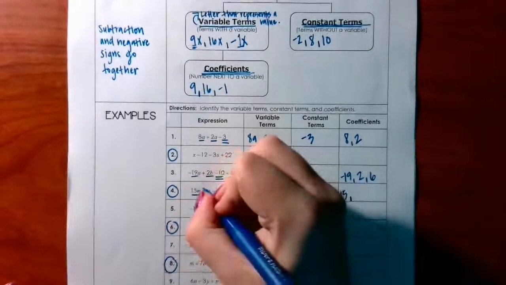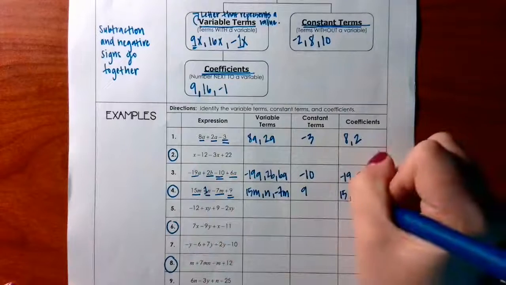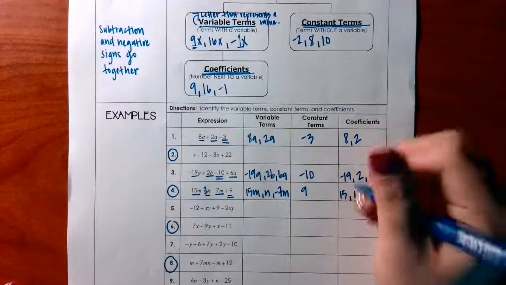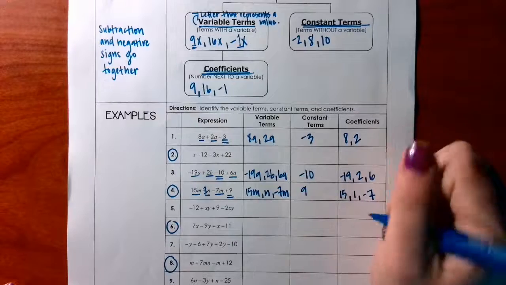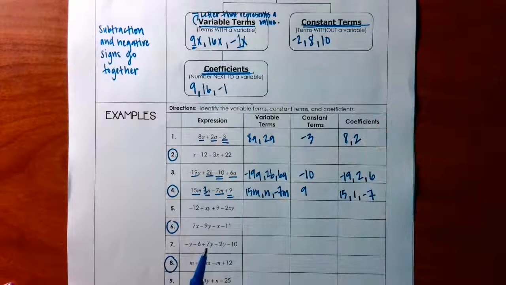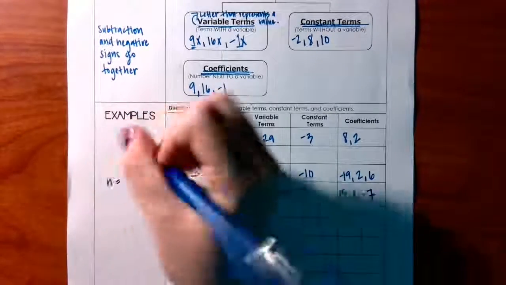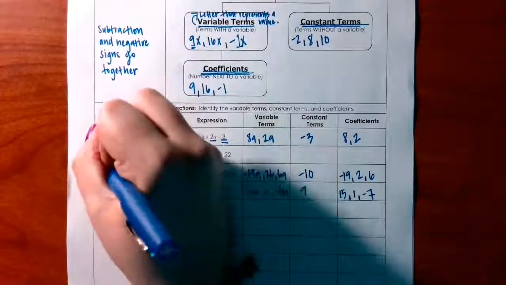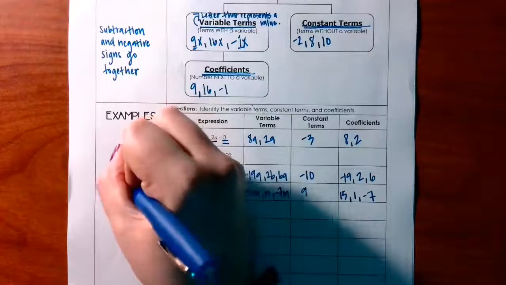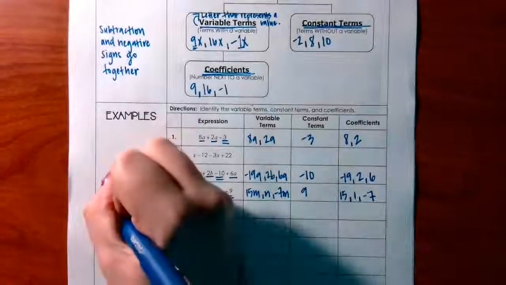Remember, there's an imaginary 1 in front of that n. 1 and negative 7. If you're missing that 1, you're going to lose points, so make sure that you understand where that 1's coming from. So anything that doesn't have a number in front of it has got a 1 in front of it. There's an imaginary 1. And it doesn't matter what the variable is.